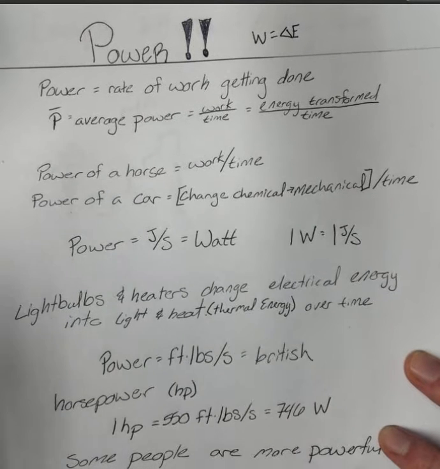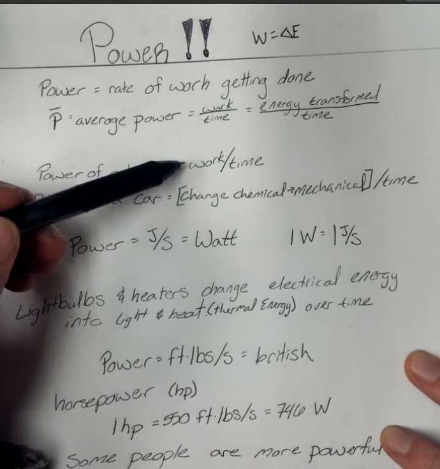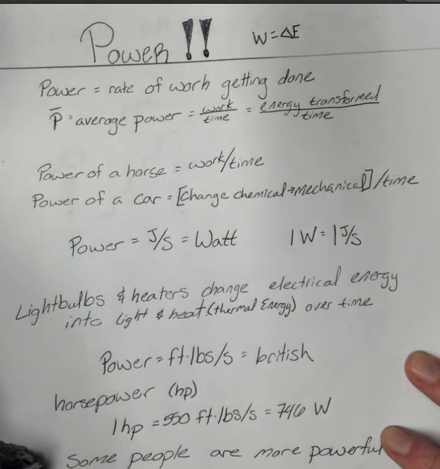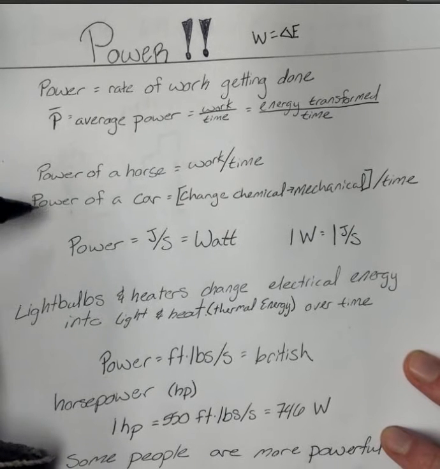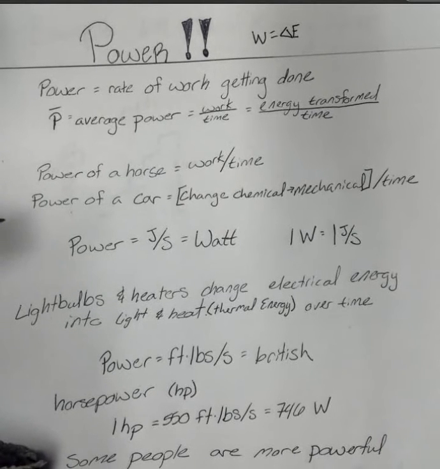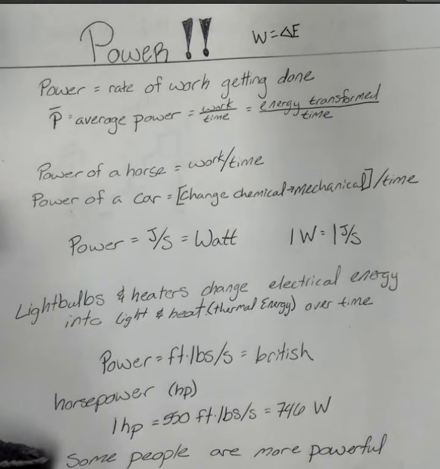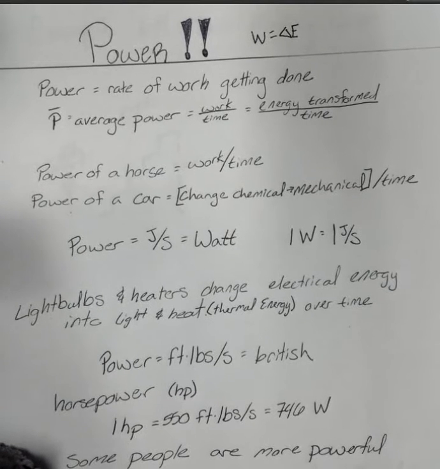So we're actually really just considering how much work can that horse do, and if it's powerful, what is the rate in which it can do that work. Whereas a car, we're interested in the power of the engine, and so we measure everything by our fossil fuel, which costs us money. So we want to say, well, what's the power of that car? How quickly can it transform its chemical energy into mechanical energy over time, and how much?